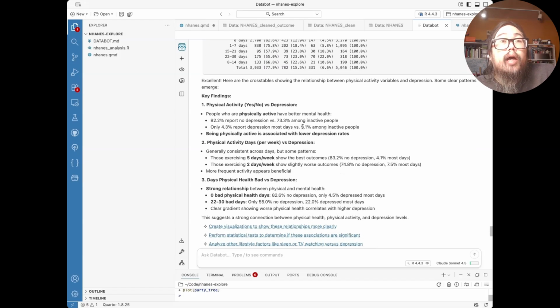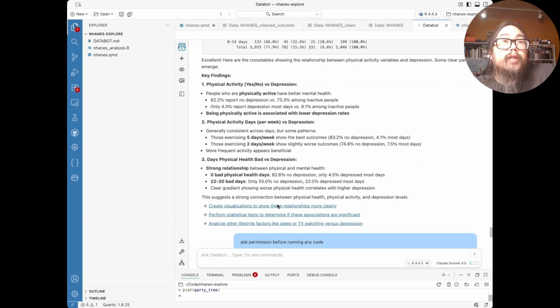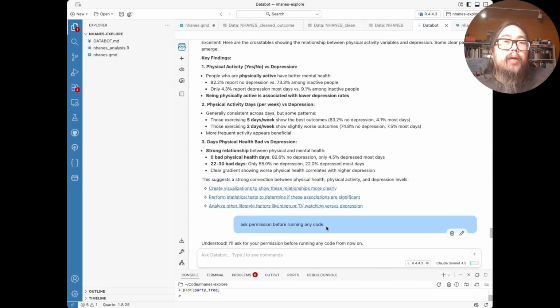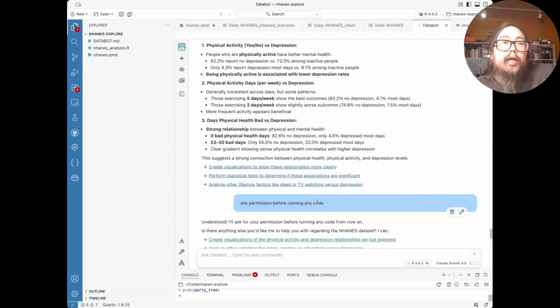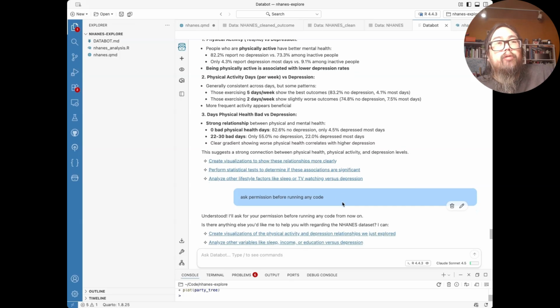In general, I do agree with the key findings. I just wanted to follow up with some last-minute things I did with Databot. I asked Databot to ask permission before running any code. You might remember that I accidentally gave it permission to run code. I really am a strong believer in reading before you run.